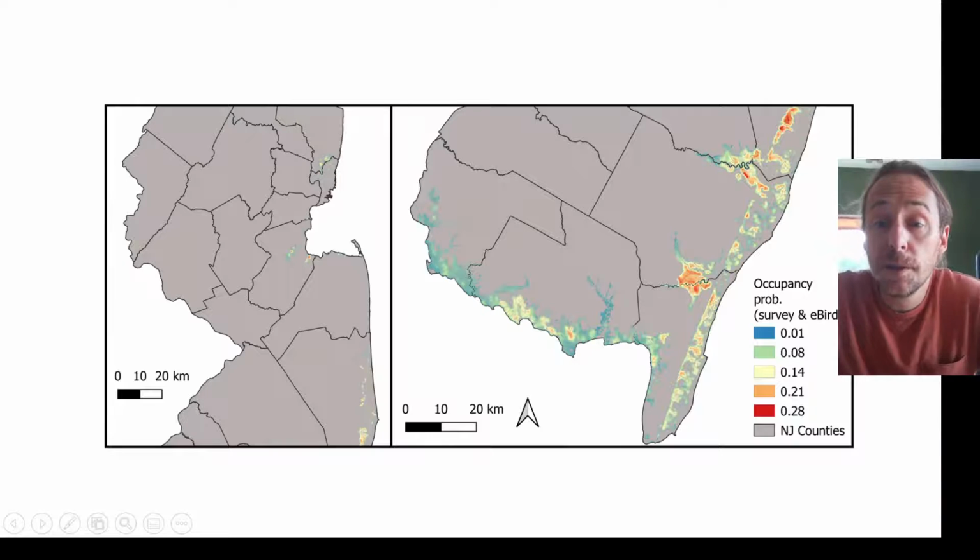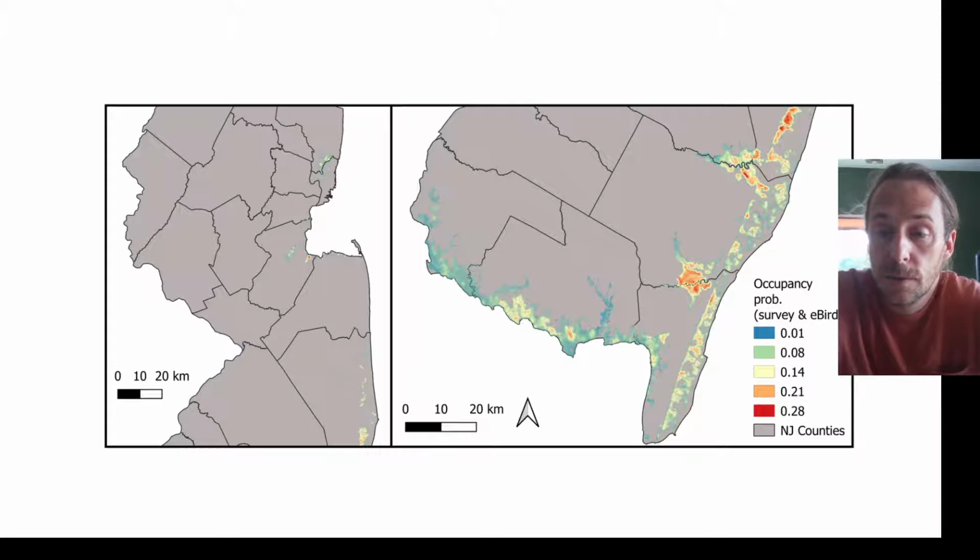So this is a species distribution model projected from the statistical model I just showed you, and it basically shows areas of New Jersey salt marshes that are either almost 0% suitable or likelihood of finding a black rail to more than 1 in 4 chance, say.